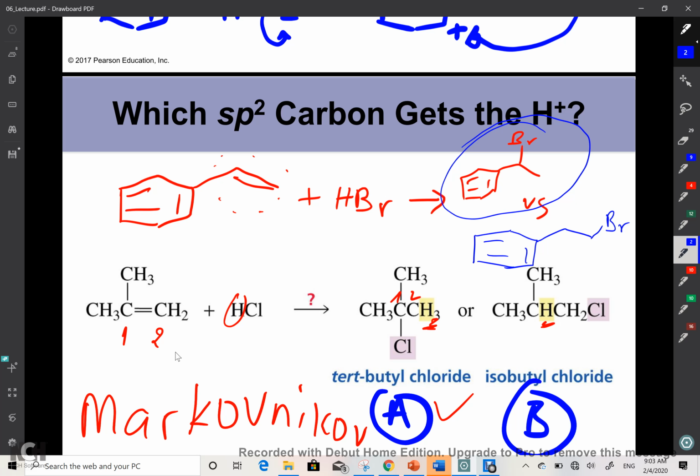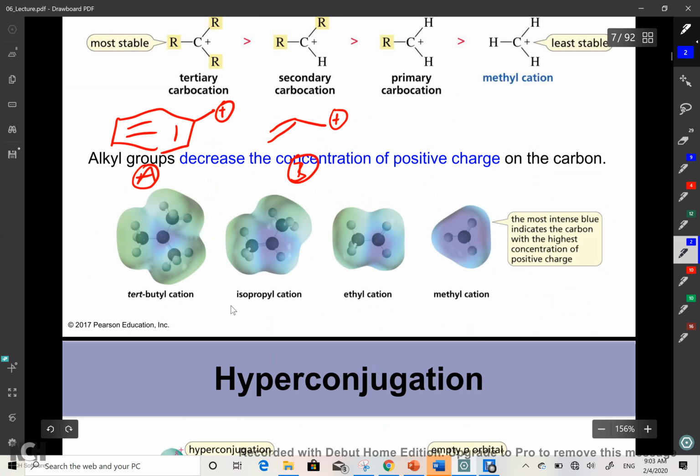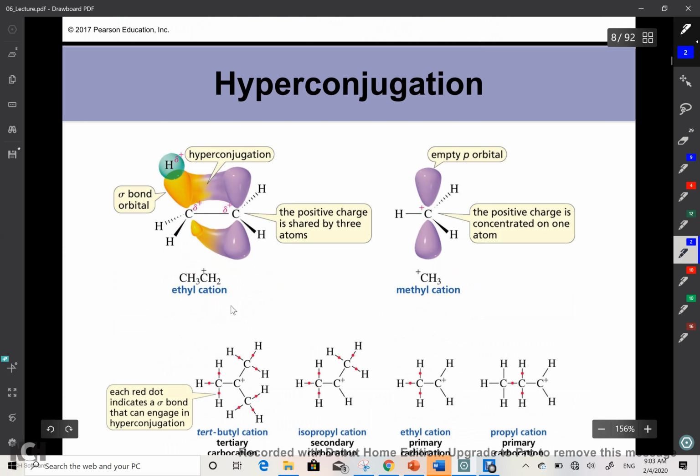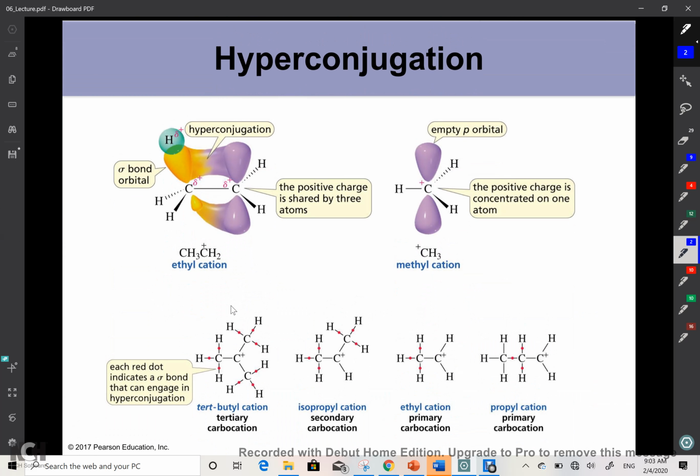Now, in terms of stability of carbocation, let's go back and mention it briefly again. For the primary, secondary, and tertiary carbocation, just like in the chemistry of radicals, the tertiary carbocation was more stable because of what we refer to as hyperconjugation.